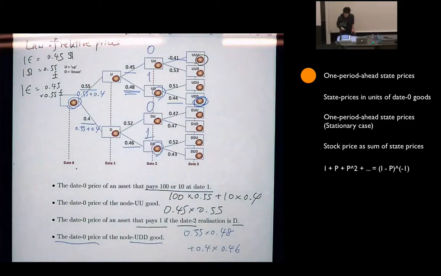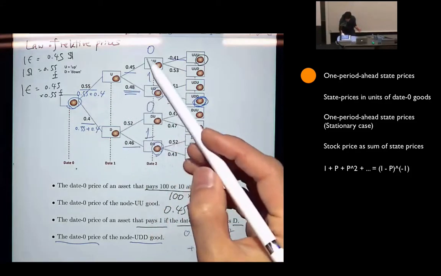The state prices divided by their own sum are called risk-neutral probabilities, despite the fact that they have nothing to do with actual probabilities. Have you ever heard of risk-neutral probabilities maybe from your futures and options class?